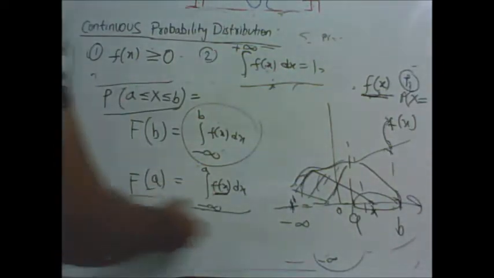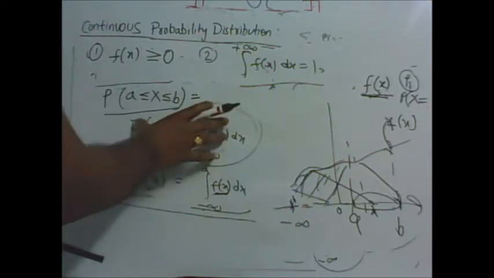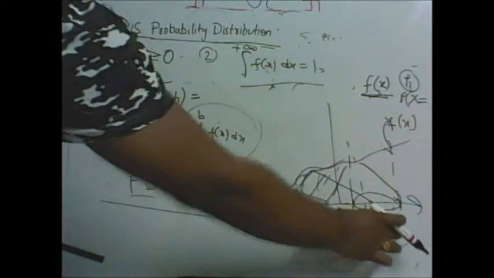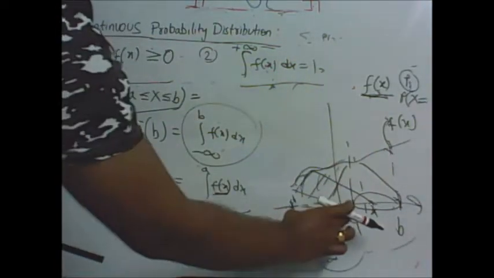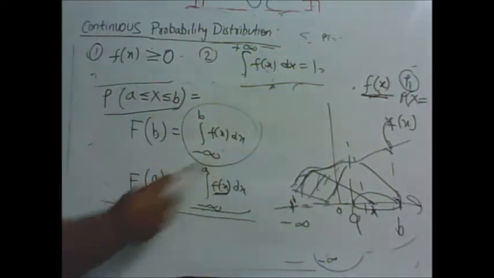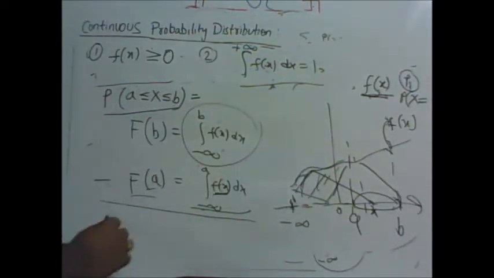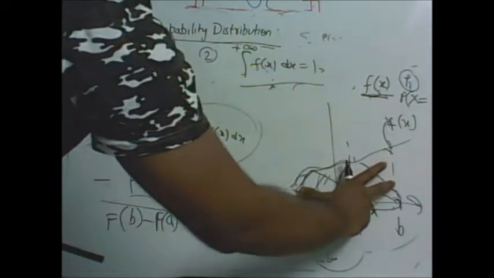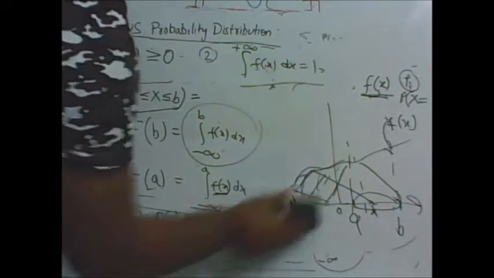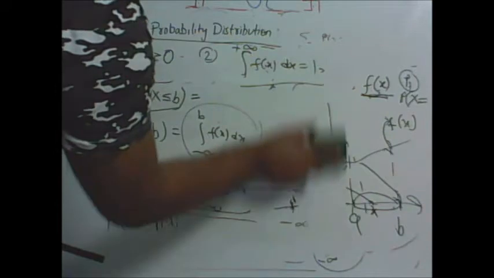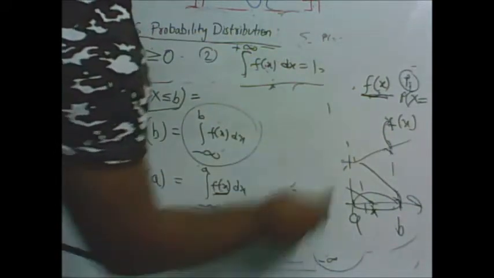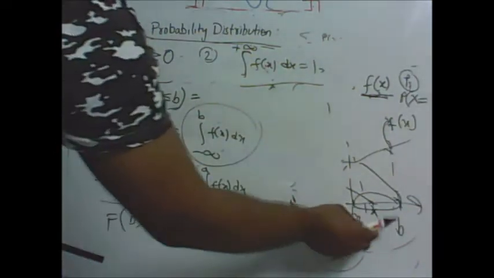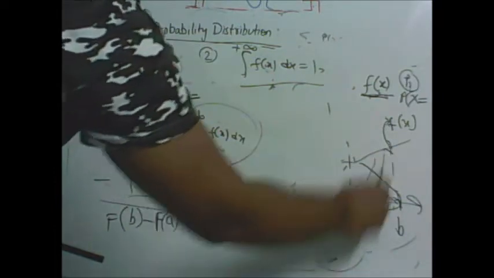Now the upper part is the total up to b, and the lower one is up to a. If we compute F of b minus F of a, then from the total area we remove this area, and what remains is this area.